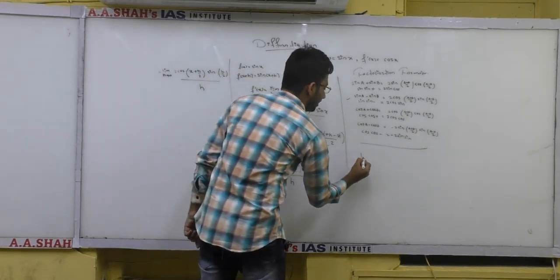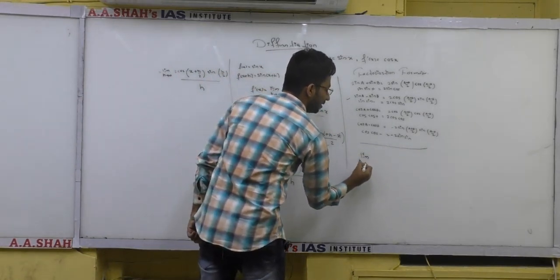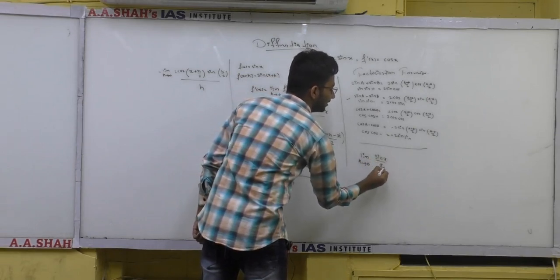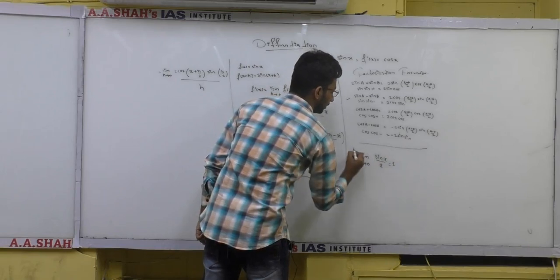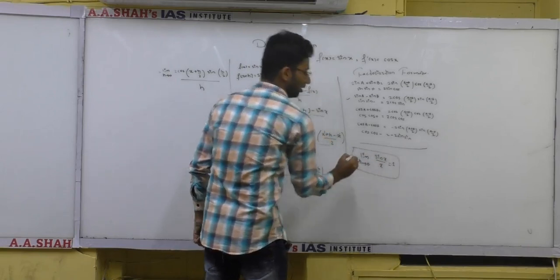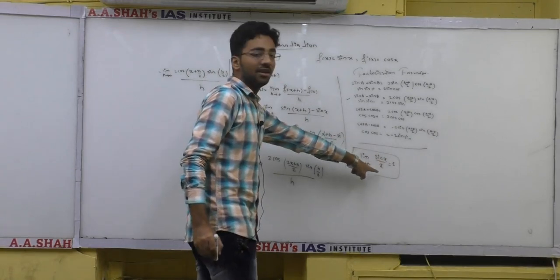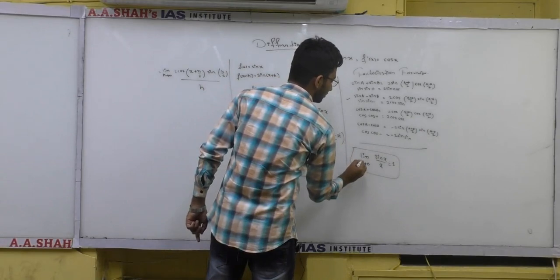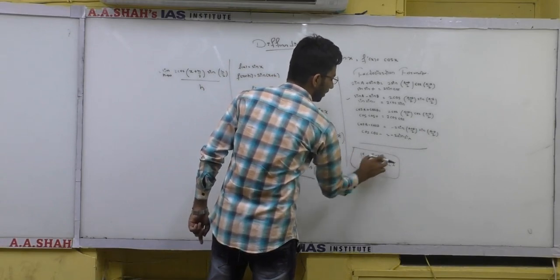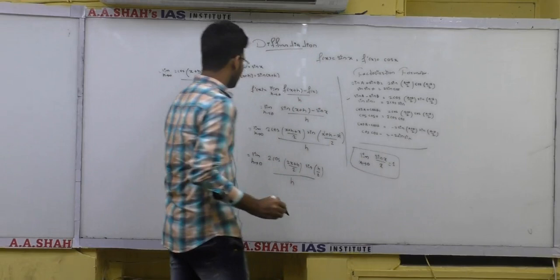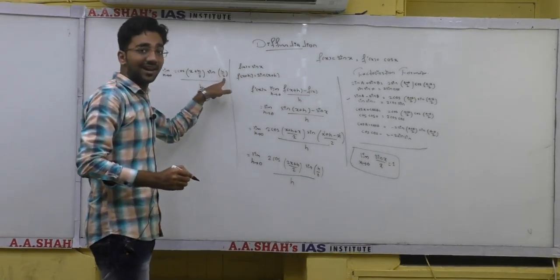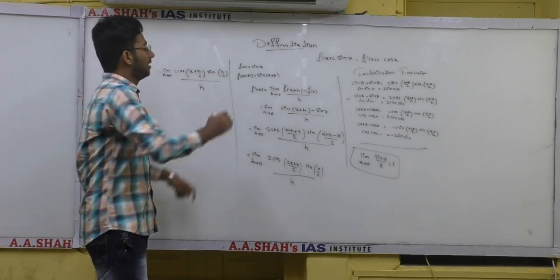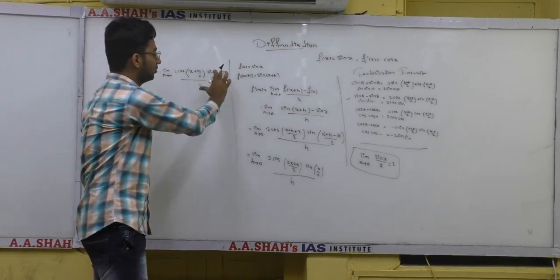If we have limit x tending to 0 of sin x upon x, then this will give us 1. If the sine's angle is the same as the denominator, then the limit as x tends to 0 will be 1. Here we have angle x, so similarly we have h/2 over here: sin(h/2), angle is h/2. If the denominator is also h/2, then we can easily say this part is 1.